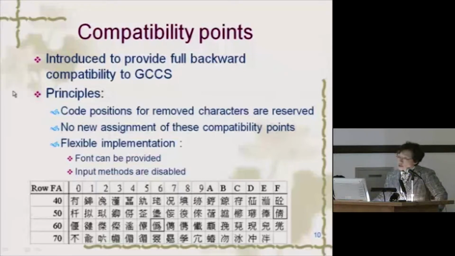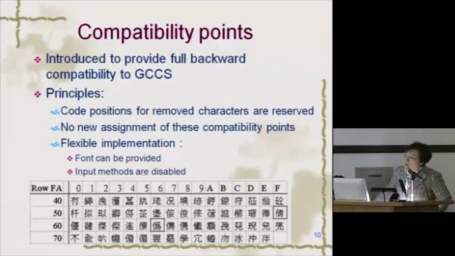The issue is, from a technical viewpoint, if you already have a standard and the code point is reserved for some character, you should never reclaim that code point for some other characters.